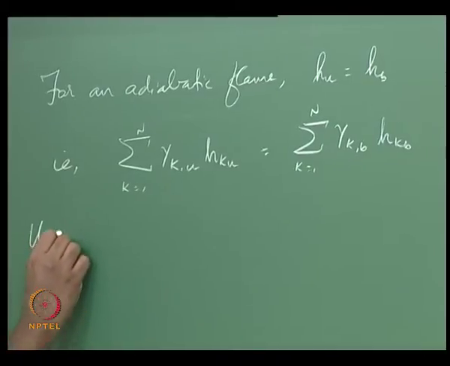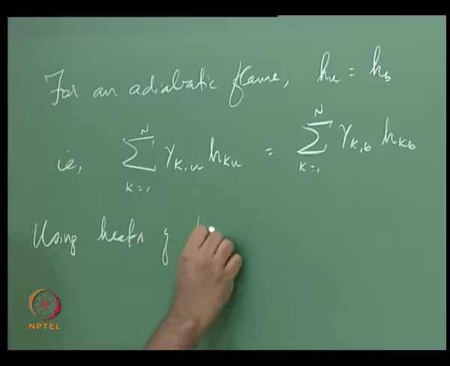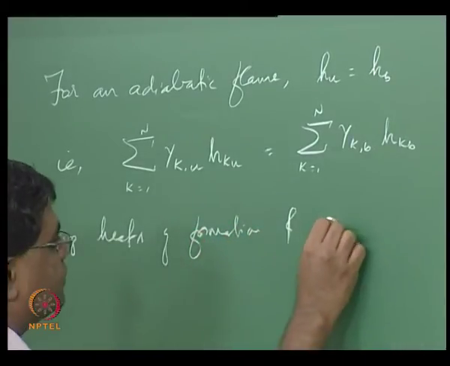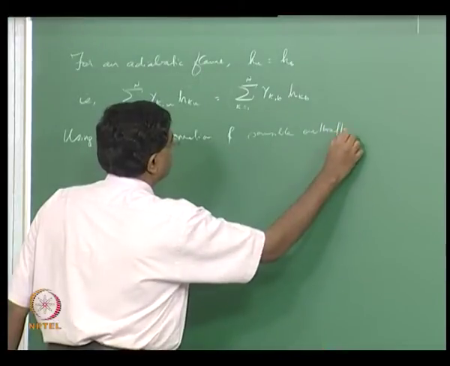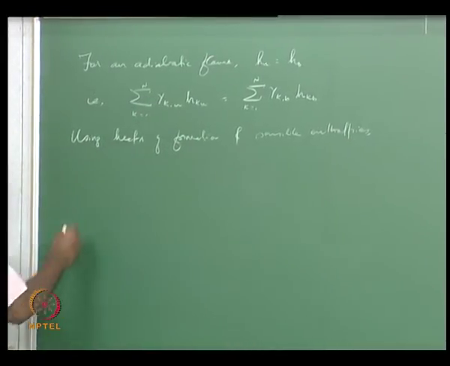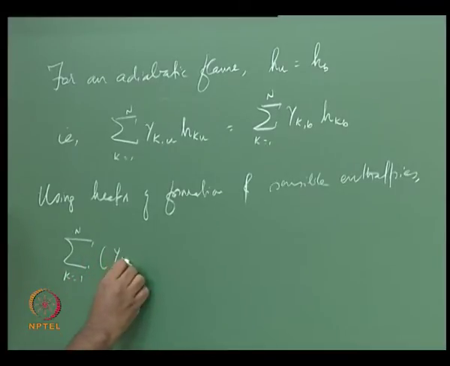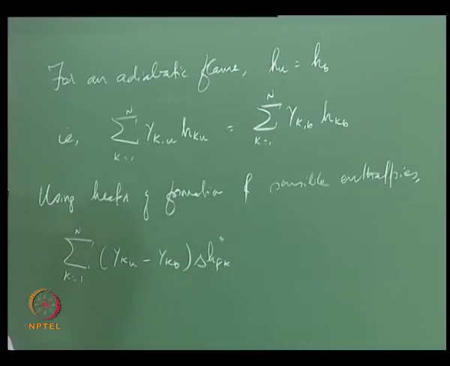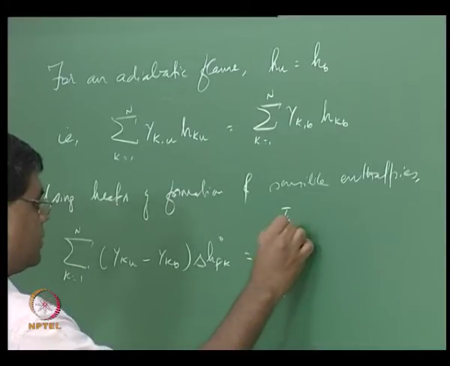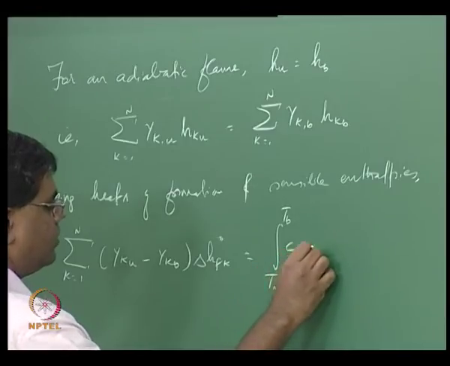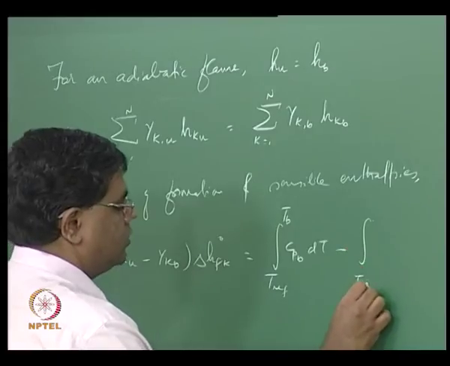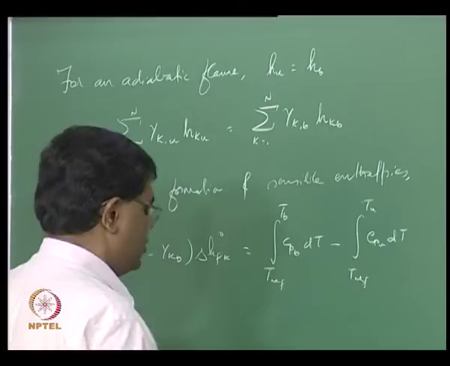So using heats of formation and sensible enthalpies, we can write sigma k equals 1 to n (Yku minus Ykb) times delta Hf naught, which is the reference formation enthalpy for each species, equal to, now we look at the sensible enthalpy, which is integral T ref to TB of CPB dT minus integral T ref to Tu of CPU dT, right.